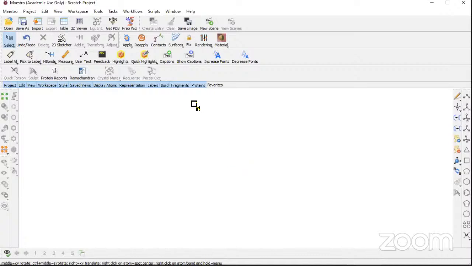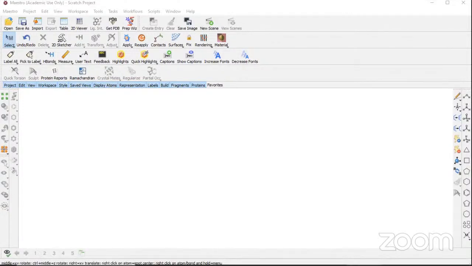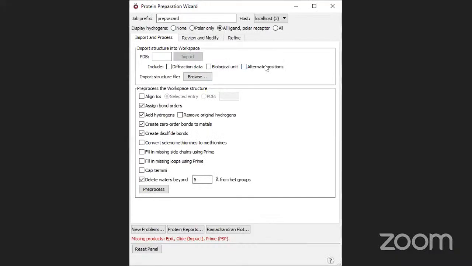Okay. In the first step, what we need to do is prepare the protein. After clicking this option, the protein preparation wizard, we get a screen like this.